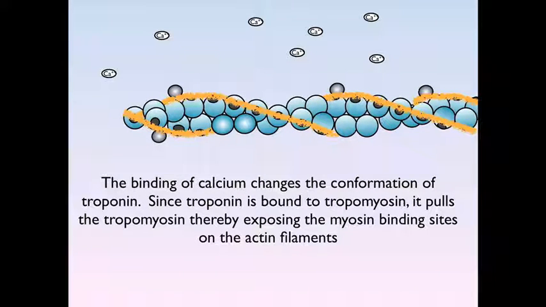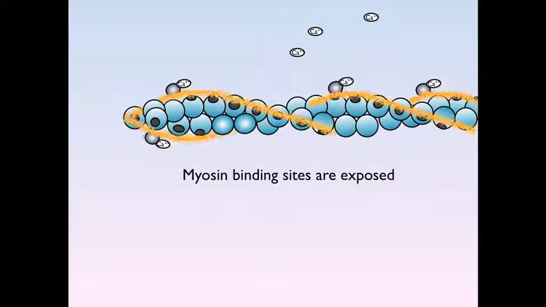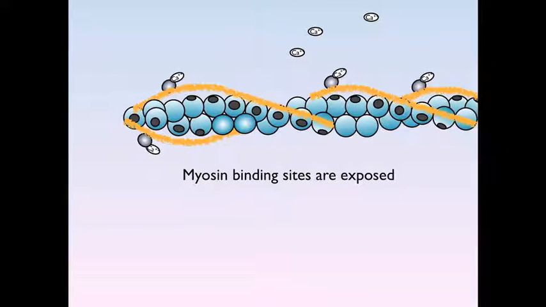When calcium is present, the binding of calcium changes the conformation of troponin. Since troponin is bound to tropomyosin, it pulls the tropomyosin, thereby exposing the myosin binding sites on the actin filaments. There it is.